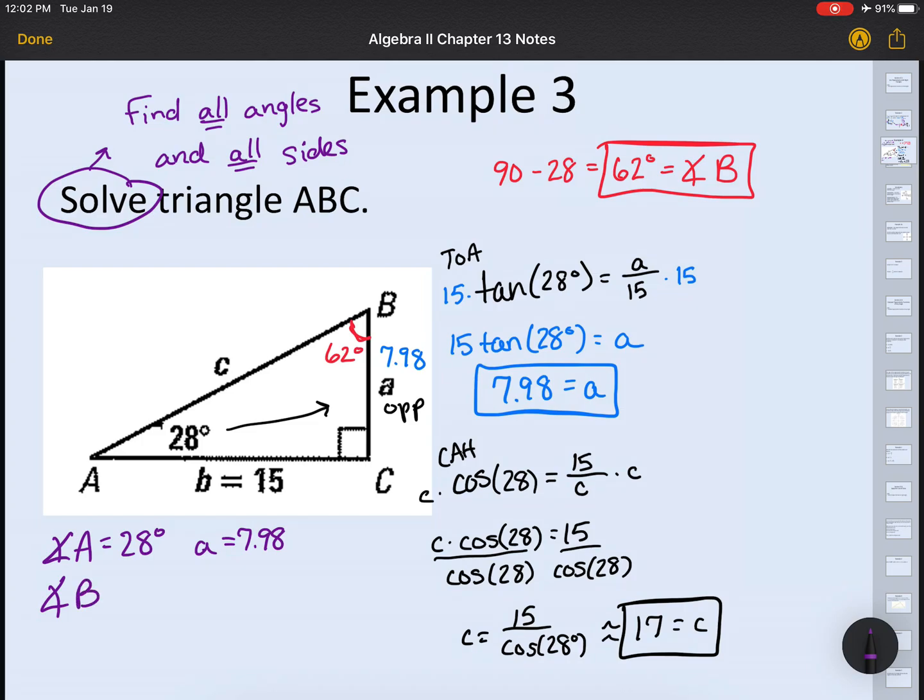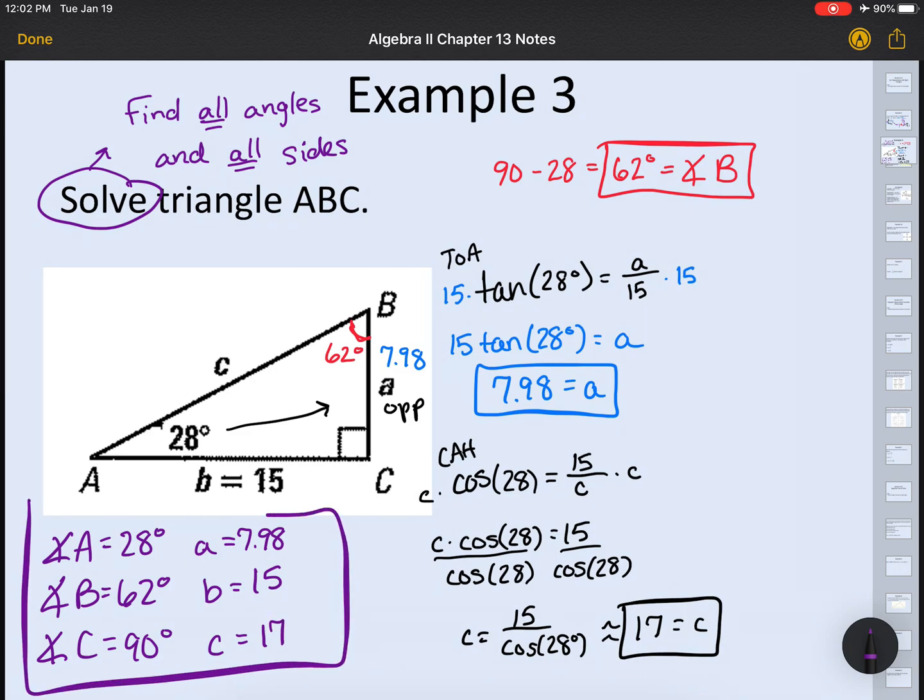Angle B was 62 degrees and little b, or its corresponding side length, was 15. Angle C was our 90-degree angle and its corresponding side length, little c, was 17. So here's all of our completed triangles. So we solved the whole thing, all angles and all sides.